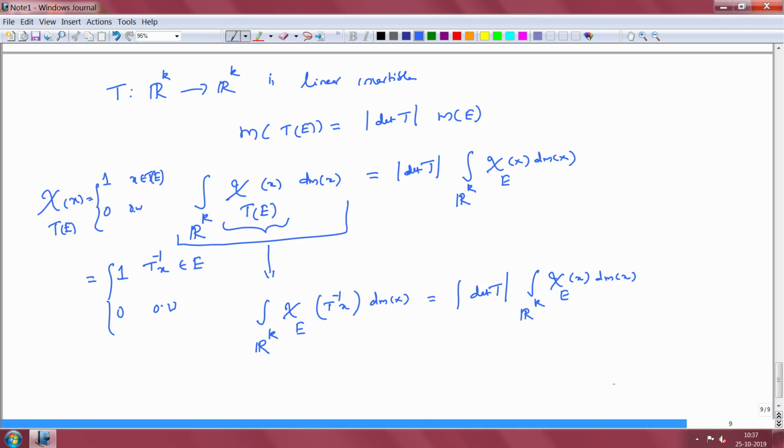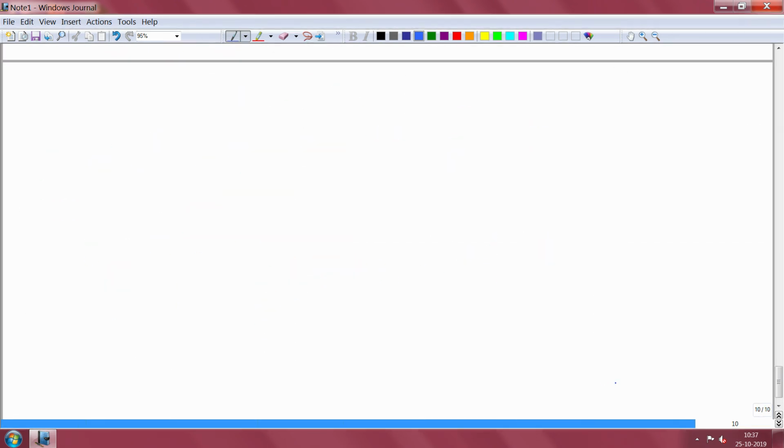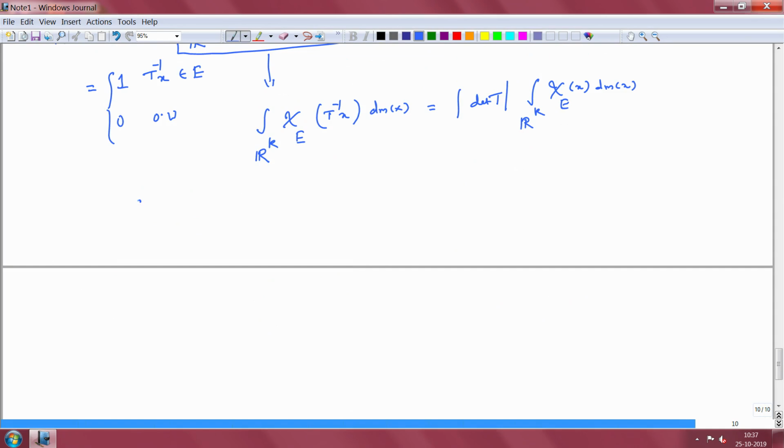Good. Now we can do the steps we did earlier: change chi E to simple functions and use the monotone convergence theorem etc. to get the general result.